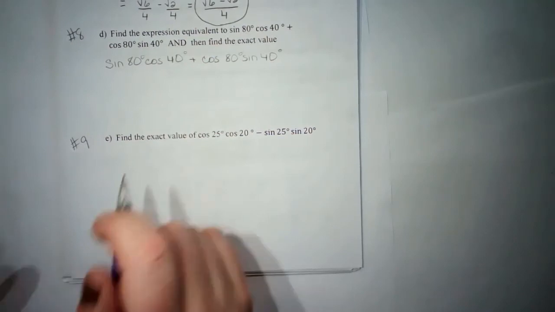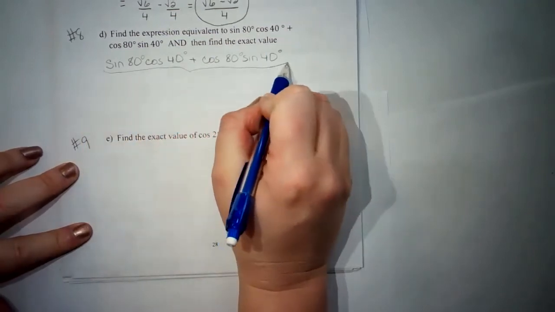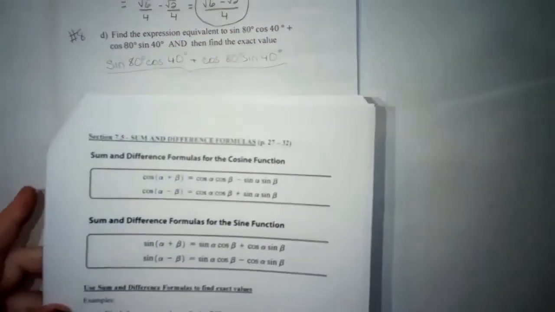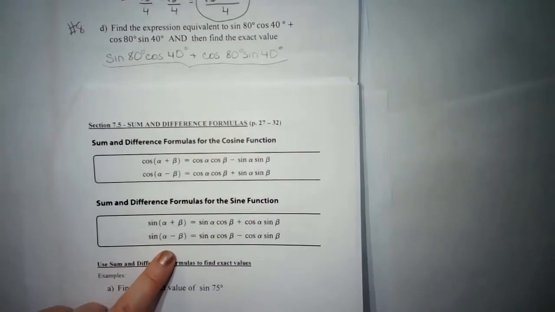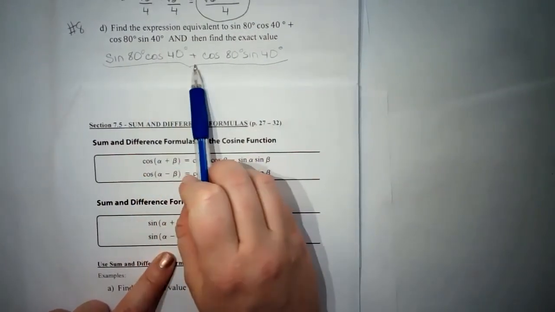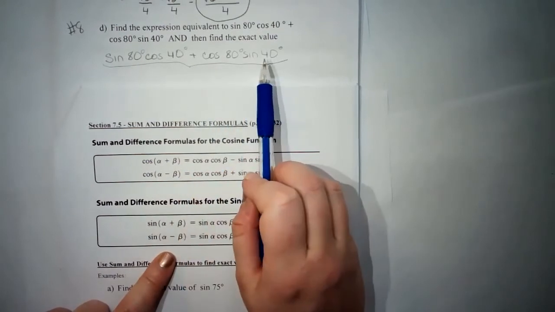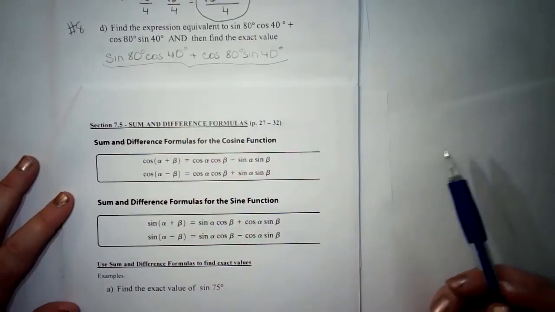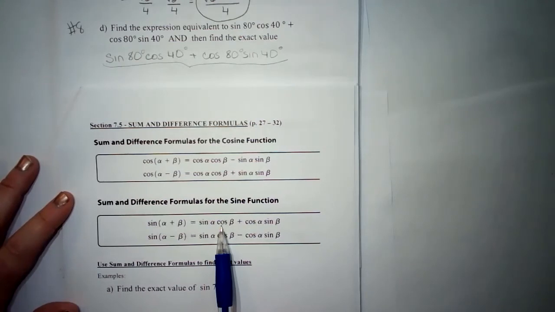Okay, well, none of those are on the unit circle, but they do equal exactly one of these guys down here. So let's see. I have sine, cosine, plus cosine, sine. Okay, well, here's sine, cosine, plus cosine, sine. Does everybody see that?